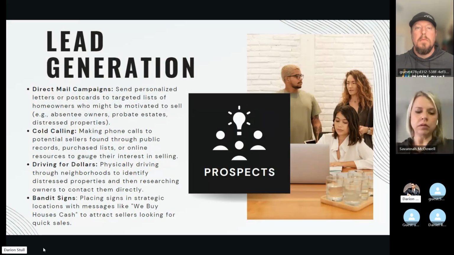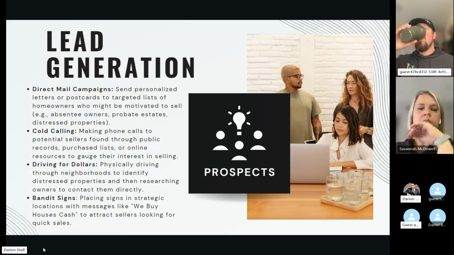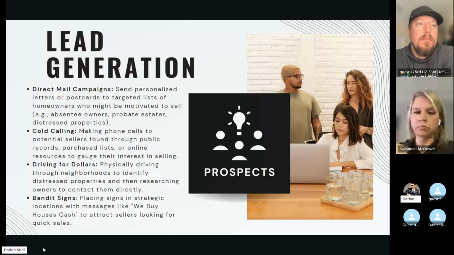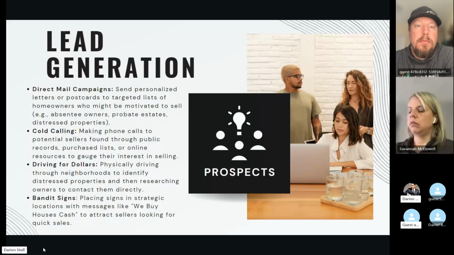Now we're getting into the nitty gritty. So you've got lead gen. When it comes to lead generation, there's tons of different things that you can do to start looking at prospects. You've got direct mailers. I'm not a big fan of direct mail campaigns, and the only reason is because it is extremely costly and it's got very little return.